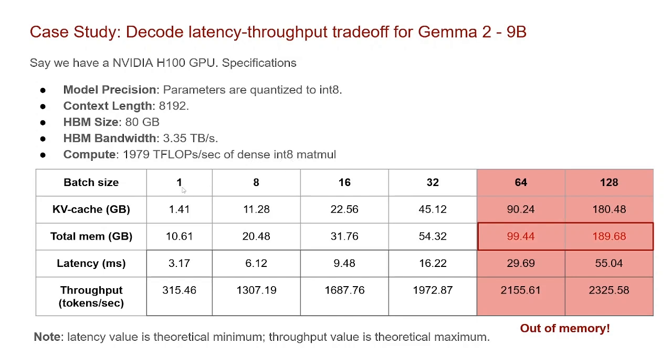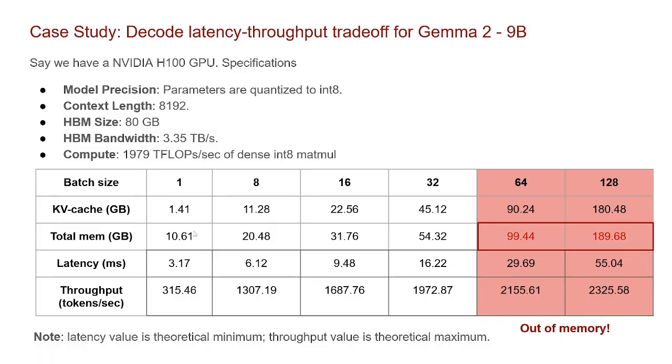So as we change the batch size, increasing from 1 to 128, the KV cache is basically batch size times 1.41, the number which we derived just a while ago. And the total memory is the KV cache plus the space for holding the parameters, which is 9.2 GB.